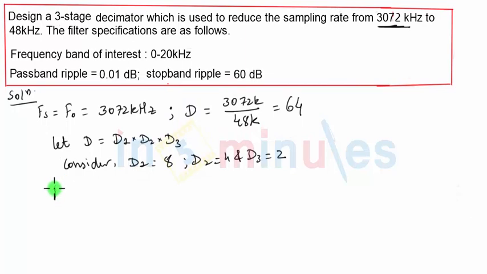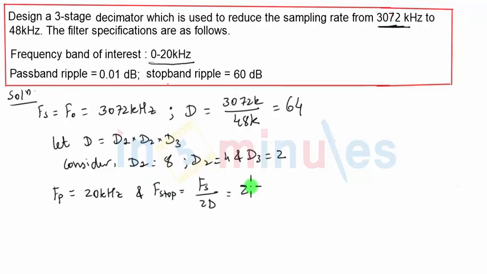Next will be fp and f-stop. fp is nothing but 20 kilohertz because the question says the frequency band of interest is from 0 to 20k. So the passband edge frequency will be 20 kilohertz. The stopband edge frequency is not given anywhere, so we can always calculate it as fs divided by 2D. fs by D is the output sampling frequency, and the output sampling frequency divided by 2 will be the maximum frequency that I can preserve in my signal.